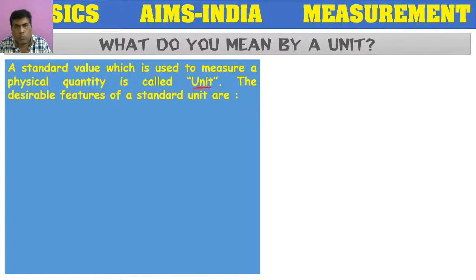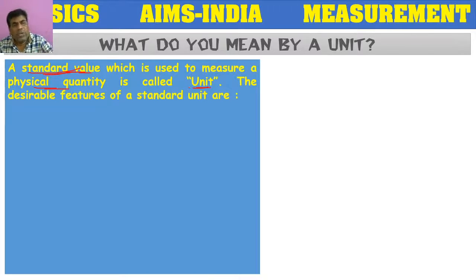With that known value, we will compare the unknown values, so that we can find the value of unknown quantities. So this unit is a standard value which is used to measure the physical quantity, and this standard value is called a unit.